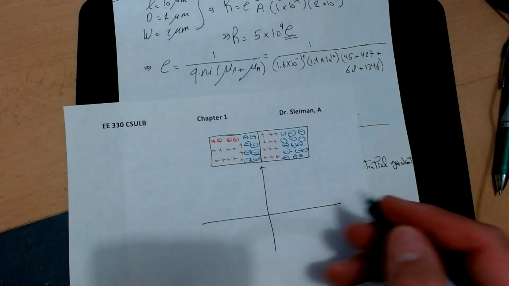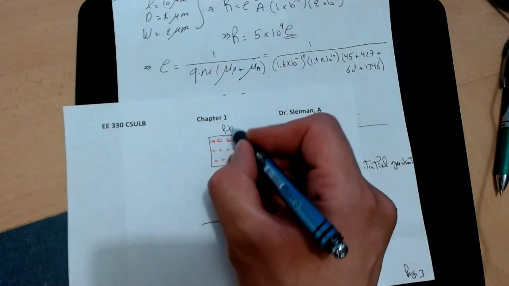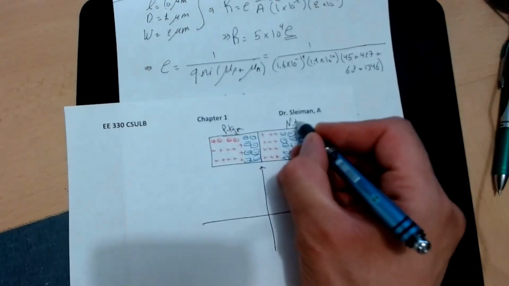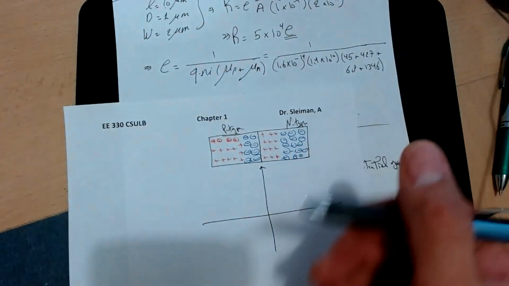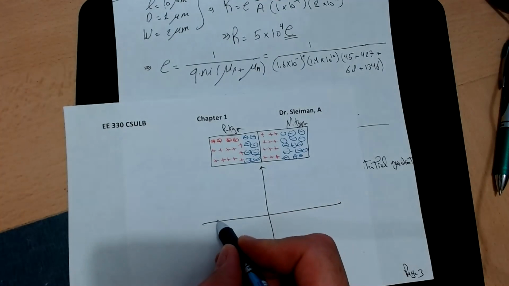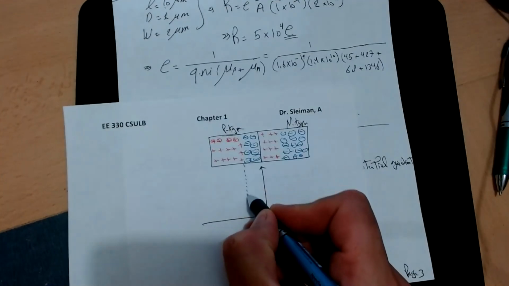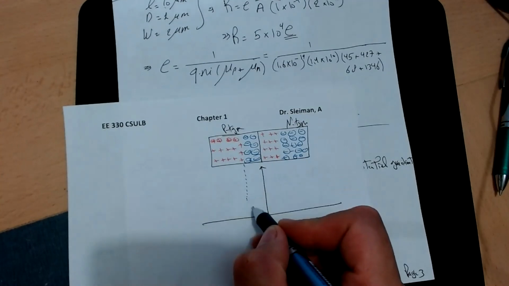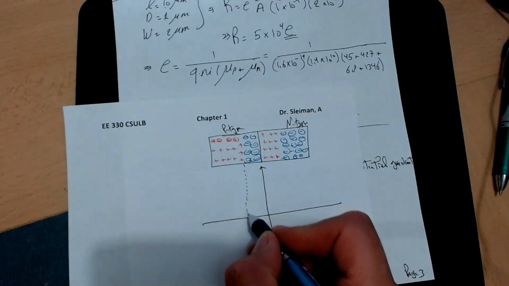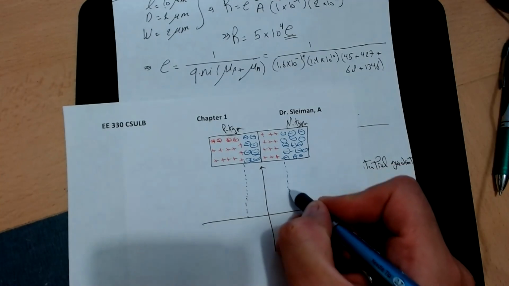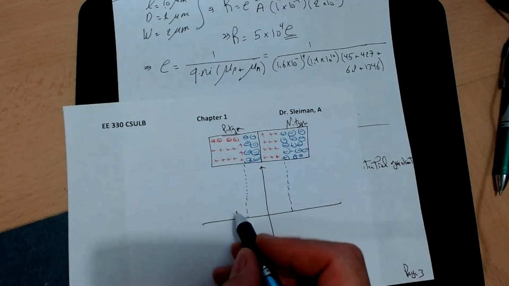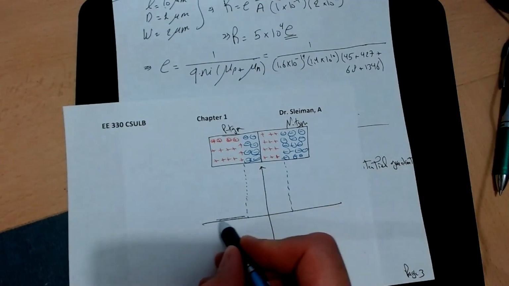So most likely on the p-type, there is no built-up potential. On this side, there is no potential built up.